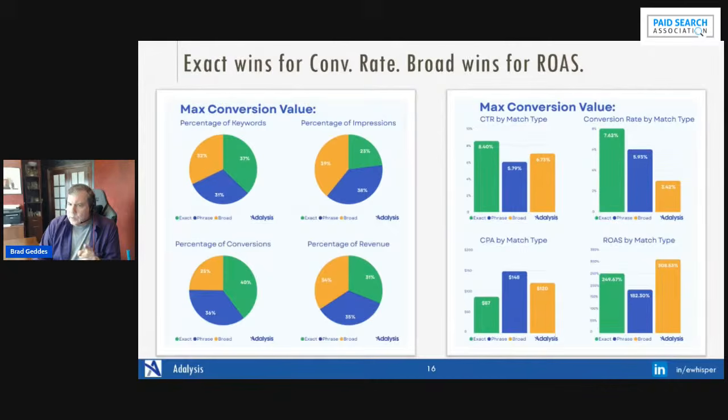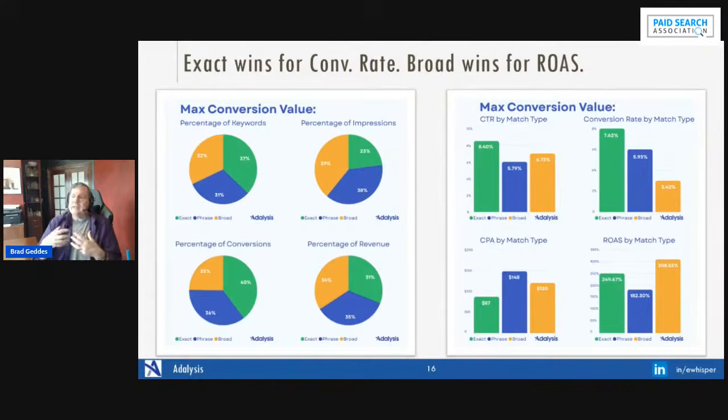It's the lowest CPA, but broad match has a better return on ad spend. Right now, I was looking at this like, okay, so broad match has a better click-through rate than phrase. Who cares? It has a lower conversion rate by far than the other two match types, but it has a higher return on ad spend.